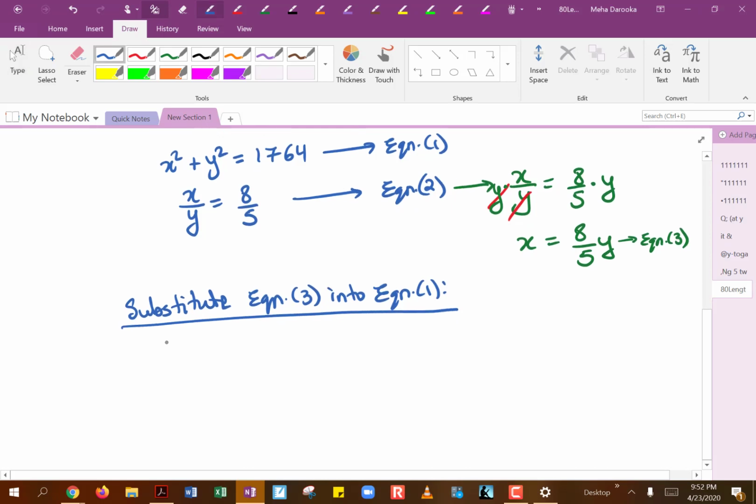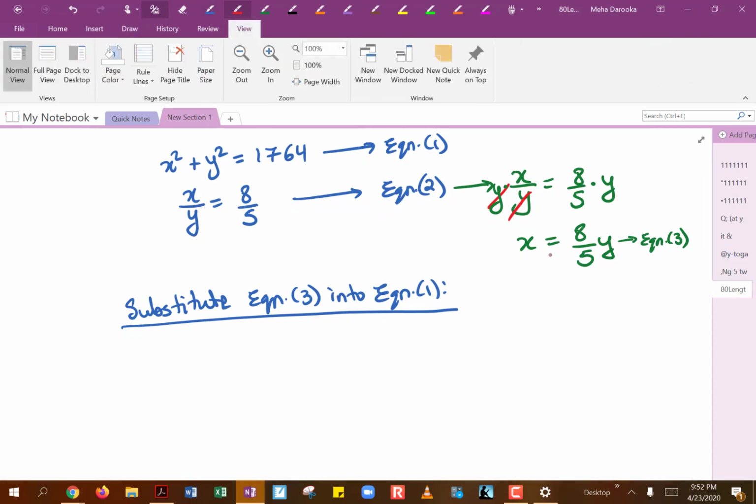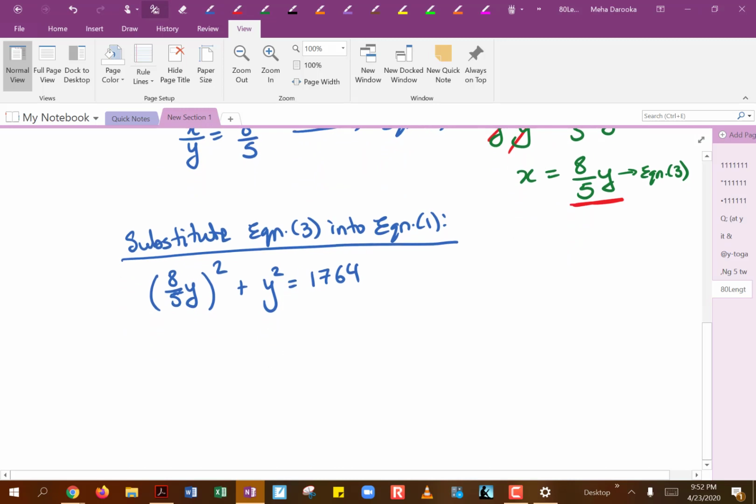So my equation 1 is going to be, since this is x equals, this value is going to replace the x in the first equation, so that's going to be x squared plus y squared equals 1764. And instead of x, we will have 8/5 y. Okay? So when you square this, that of course means we are looking at 8 squared, which will be 64.